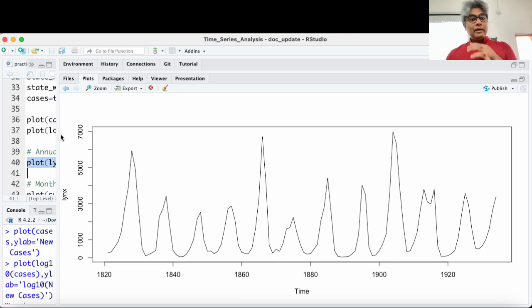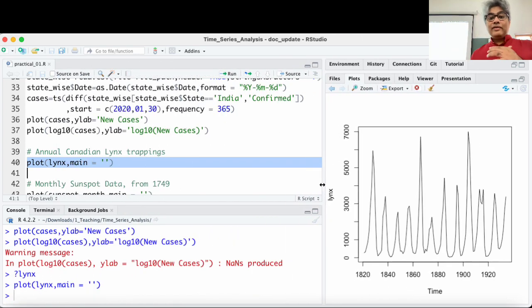In the air passenger data, we knew the periodicity was exactly 12 months. But here, in this kind of data, we don't know exactly what the periodicity would be. From the data it looks like 10 years, it could be 11, it could be 9, somewhere around 10, a decadal periodicity. Okay, so this is an interesting phenomenon.